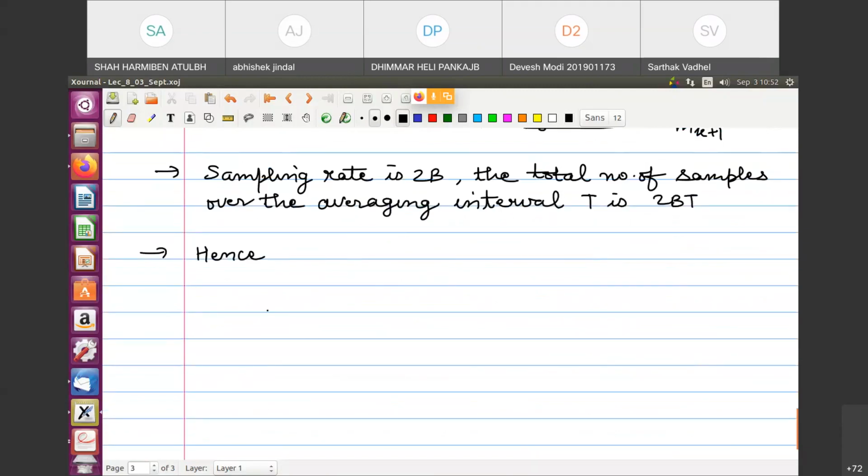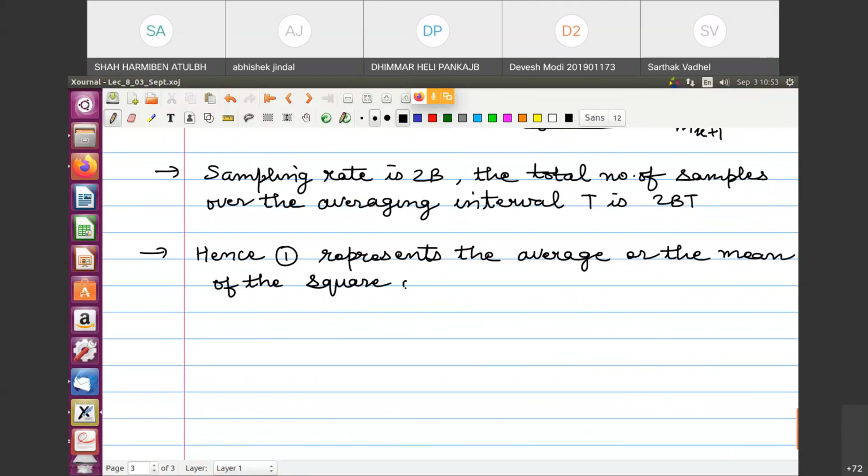Equation 1 represents the average, the mean of the square of the quantization error.